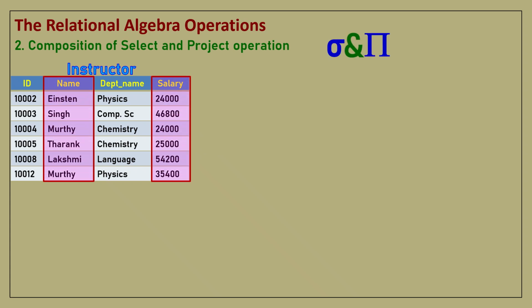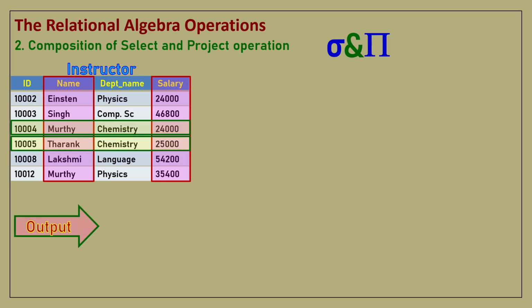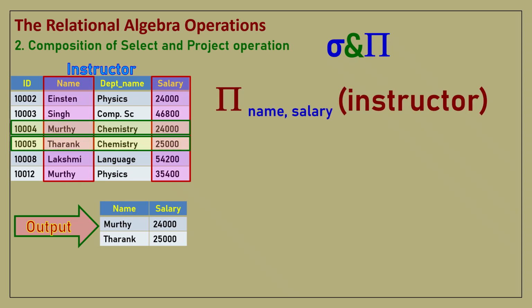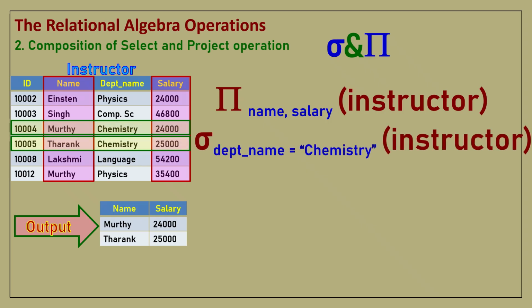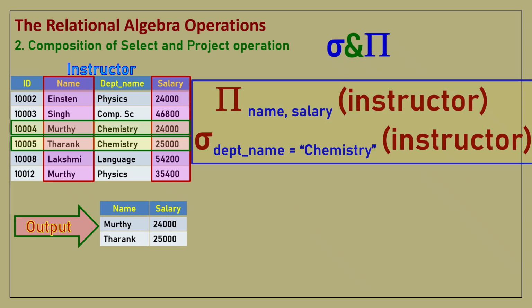Consider retrieving the name and salary attributes from the instructor relation, where the department name is chemistry. To select particular attributes in the output, we need to execute the project operation. And to select particular tuples that match the department name chemistry, we need to execute the select operation. So, this requires executing two relational algebra operations, select as well as project.